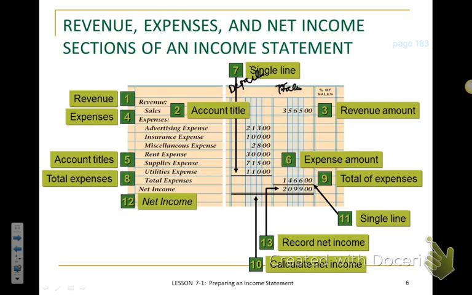Okay, that's pretty much it to calculate our net income. What should this number match? It should match the net income number on the worksheet. If it doesn't for some reason, then you've done something wrong. So keep that in mind as well.